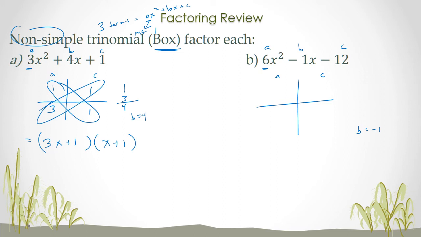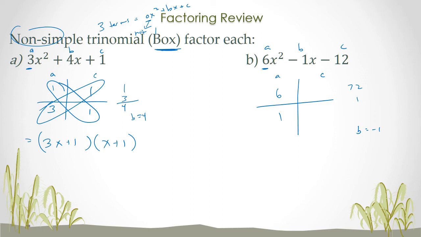So let's say two numbers multiply to 6, 6 and 1, let's say. Two numbers that multiply to 12, 12 and 1. 6 times 12, 72. 1 times 1 is 1. There's no way I'm getting -1 out of that.